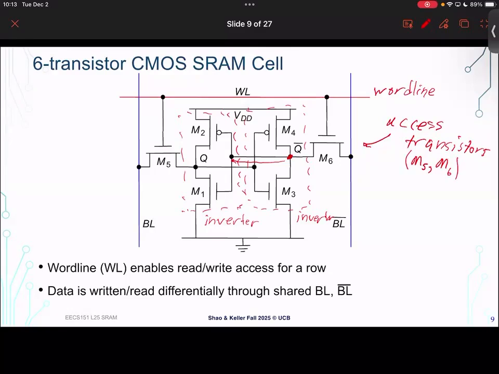And then the inverter consists of the pull up transistors. Which ones are the pull up network here?